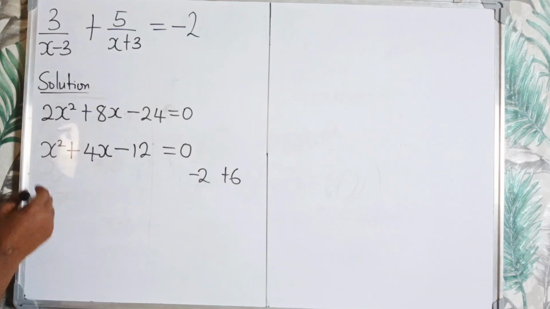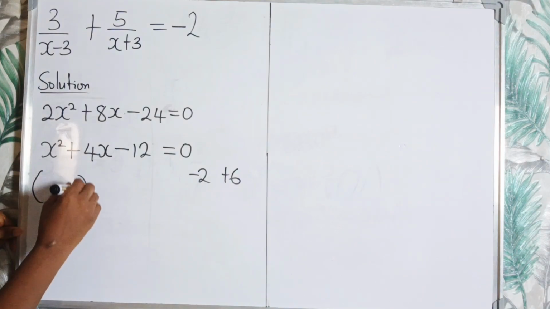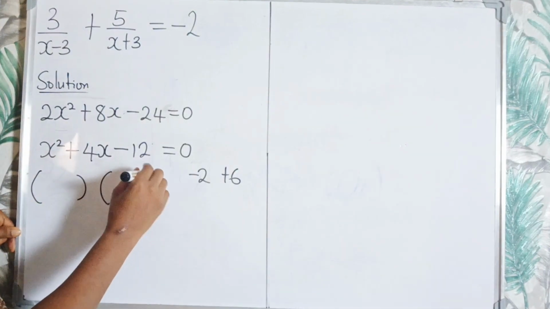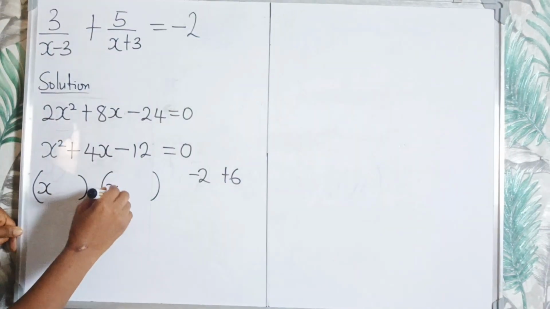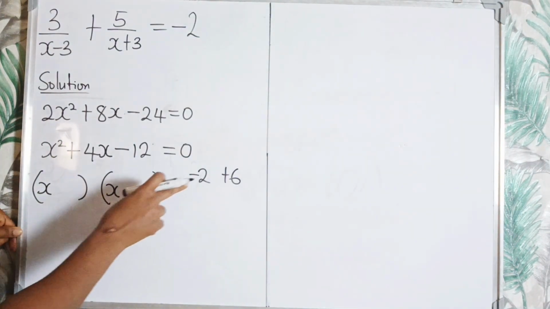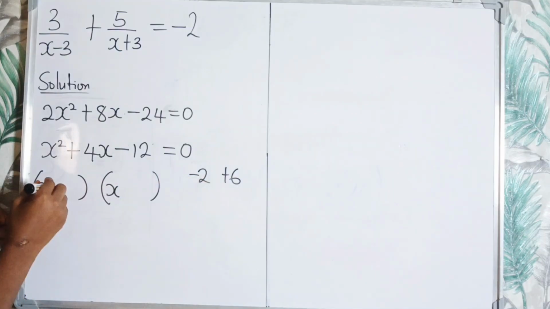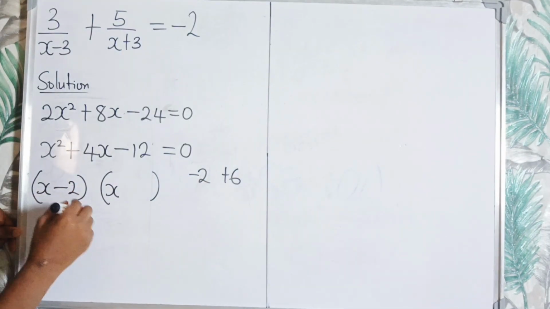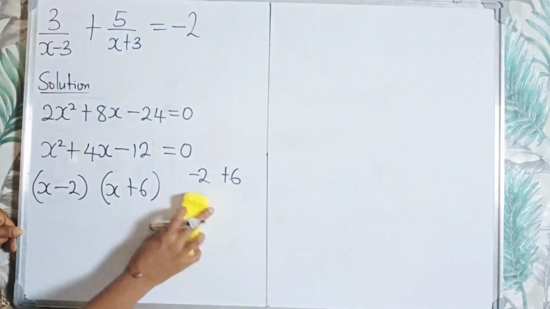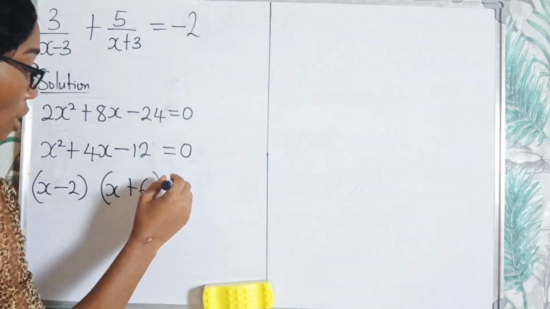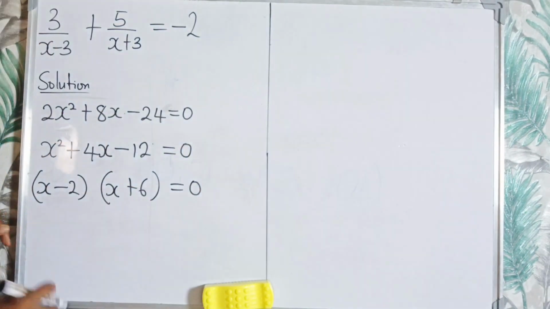So I'll open two brackets, one here and one here. Then I'll have my x here and my x here. And what will I do next? I'll bring in these factors. So here I have minus 2 and here I have plus 6, and they are equal to 0.